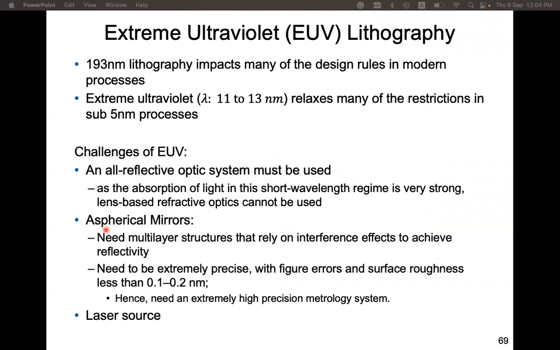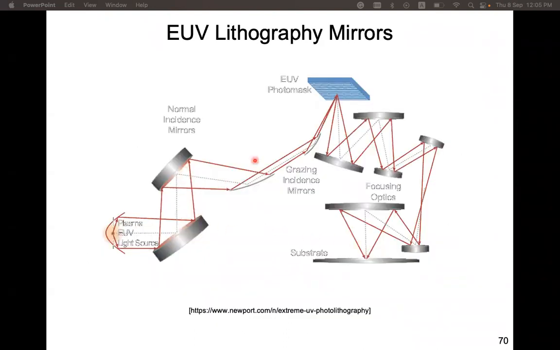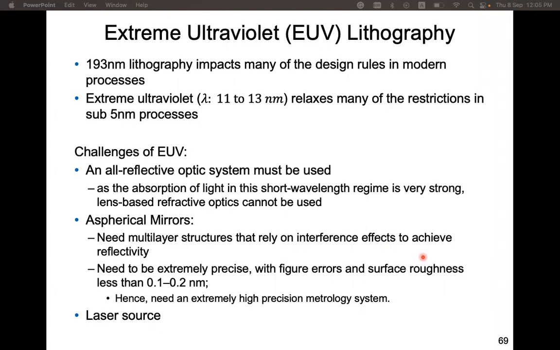And it's not only curved; it's aspherical, not like a perfect sphere. And you need multi-layer structures, relying on interference effects to achieve reflectivity. There are many layers of mirrors, and it needs to be extremely precise.